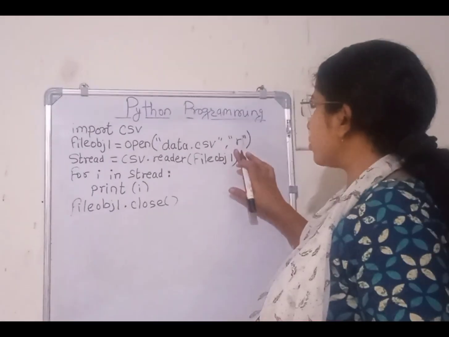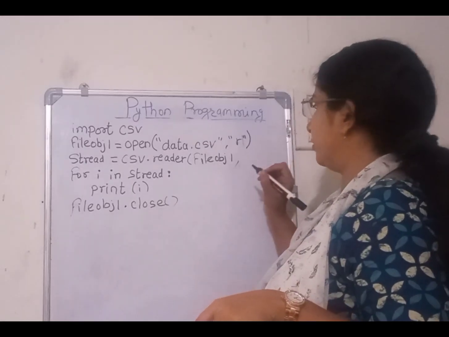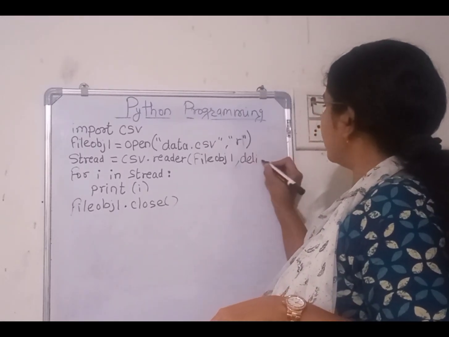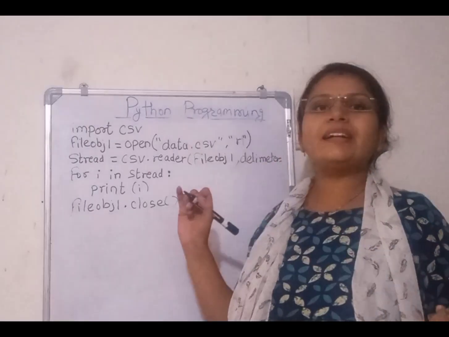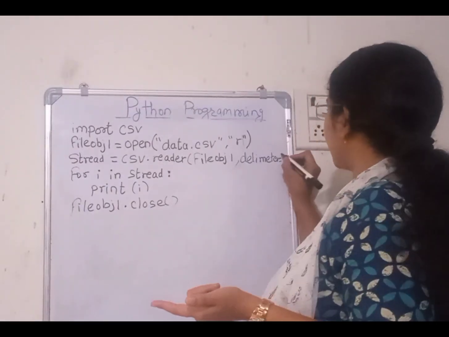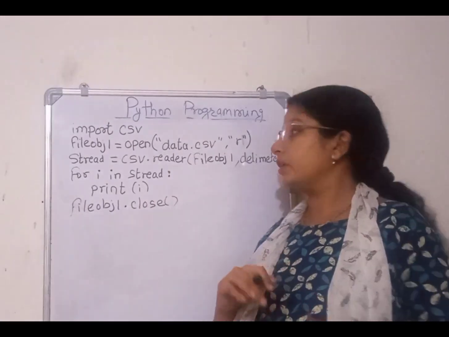So here one additional but optional parameter is delimiter. Delimiter is the keyword you can use, and here mention the delimiter value, any special character which exists in that CSV file.